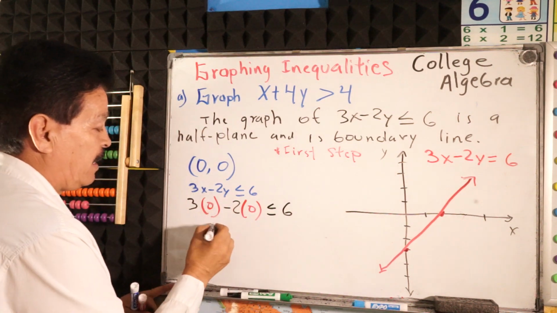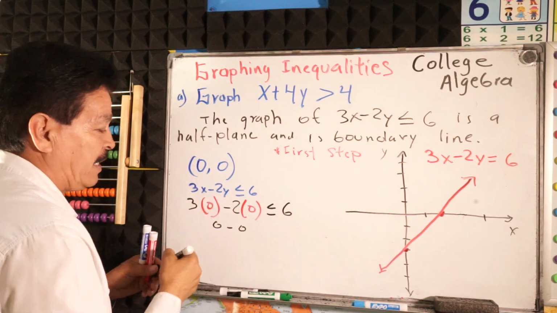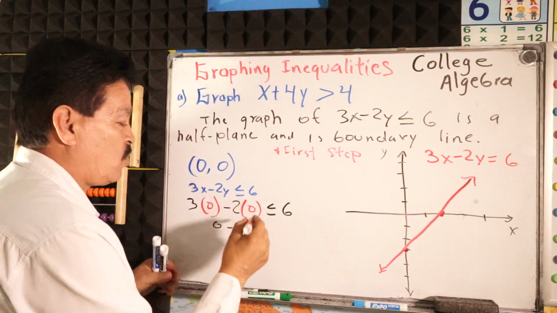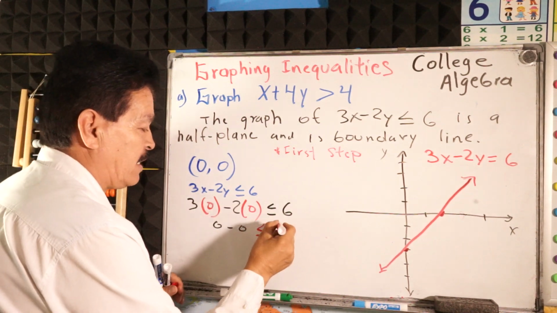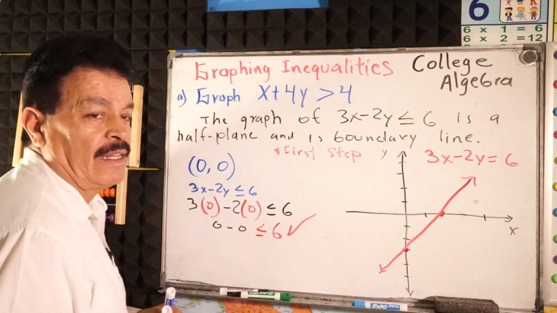Now simplify: 0 minus 0, which is 0, less than or equal to 6. So this statement is true.